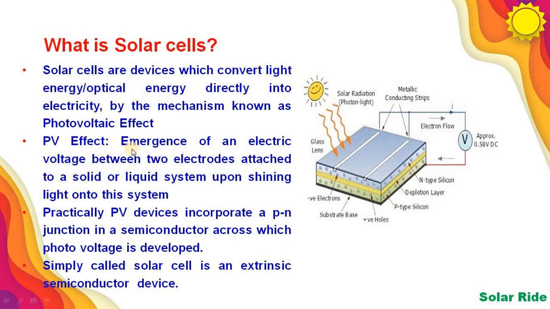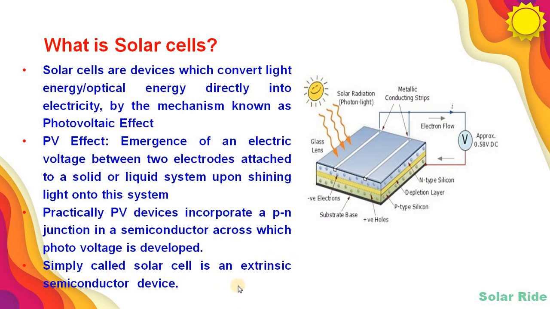The PV effect is the emergence of an electric voltage between two electrodes attached to a solid or liquid system upon shining light onto this system. Practically, PV devices incorporate a PN junction in a semiconductor across which photovoltage is developed.